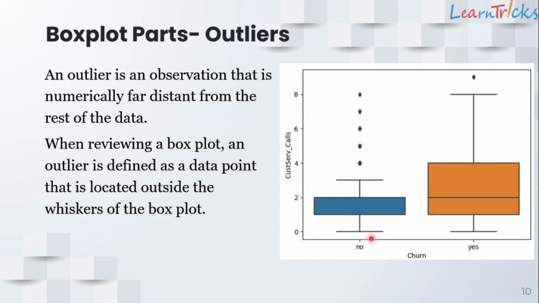So when the customers are not churning, all the values are below 3, but there are only 5 values above 4. As compared to the highest value 4, those will be considered higher values. So these 5 values are outside this whisker, and these will be called outliers.